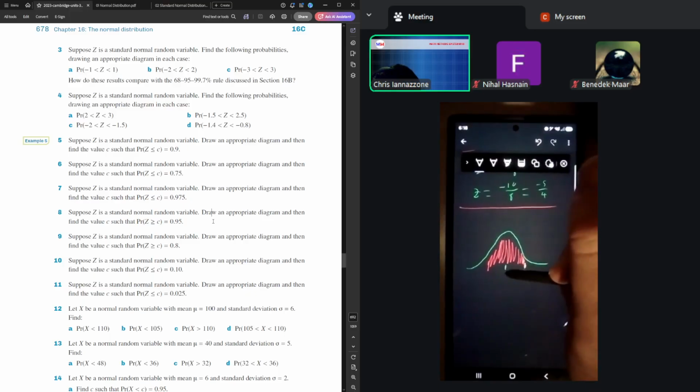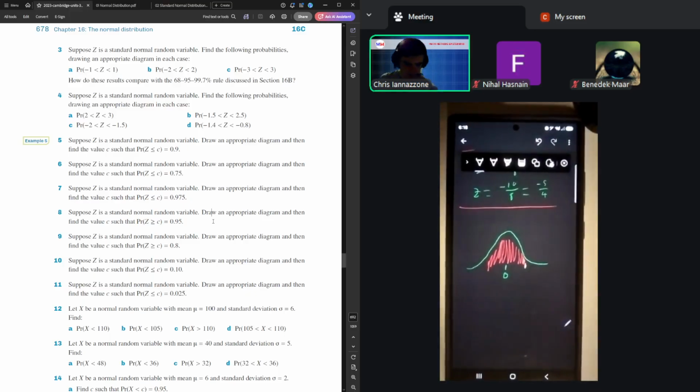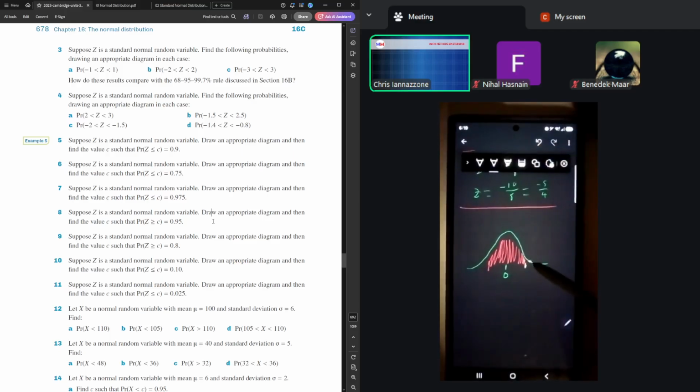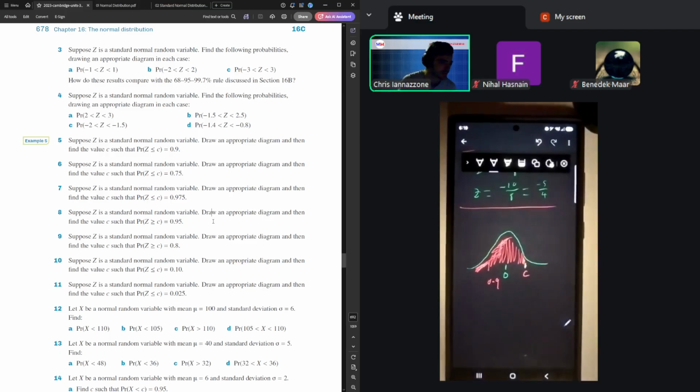It's the standard normal, so the mean is going to be 0, should we wish to draw it. But the only real thing that mattered was to say, okay, we want it to be less than or equal to some value C, which means we want all of this probability to equal 0.9. Right, everything left of C should equal 0.9 as per the question.